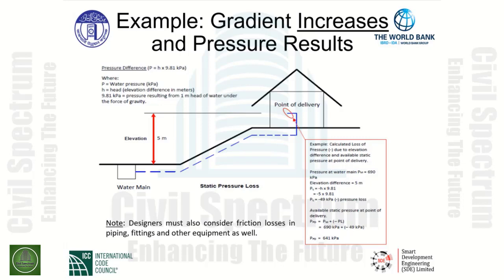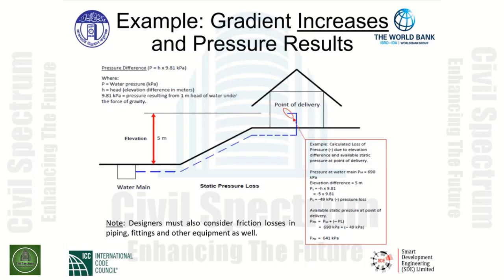P equals H times 9.81 kPa, where P is the water pressure in kilopascals, H is the head, which is the elevation difference in meters, and 9.81 kilopascal is the pressure resulting from 1 meter head of water under the force of gravity.